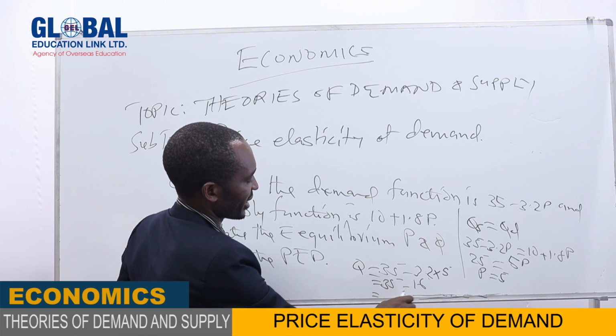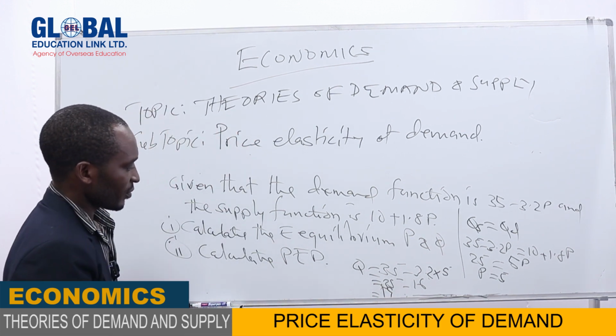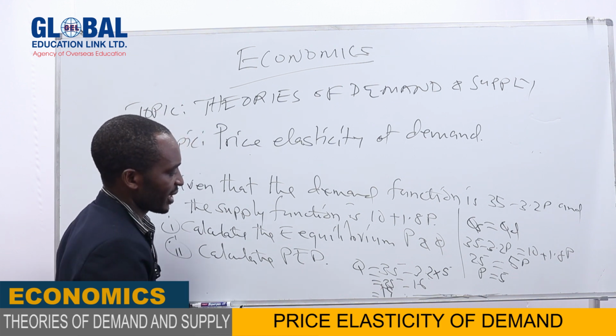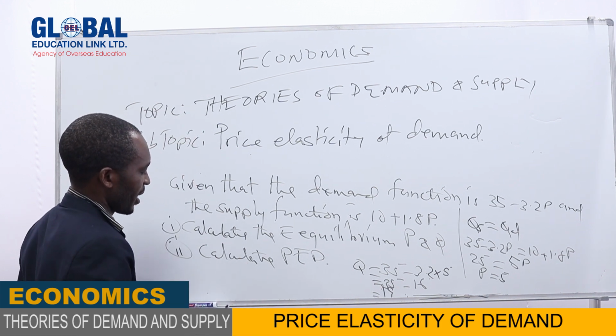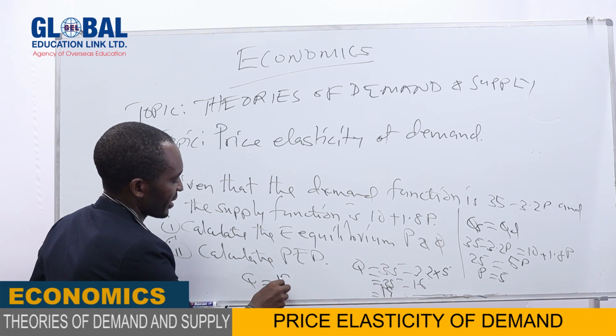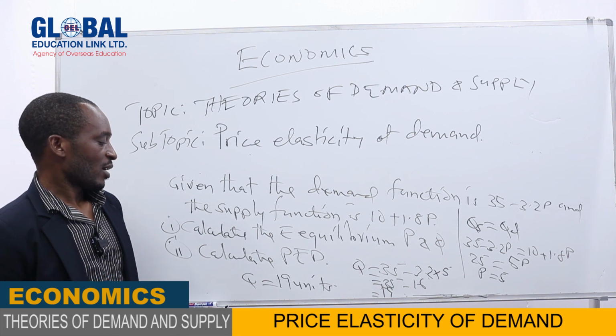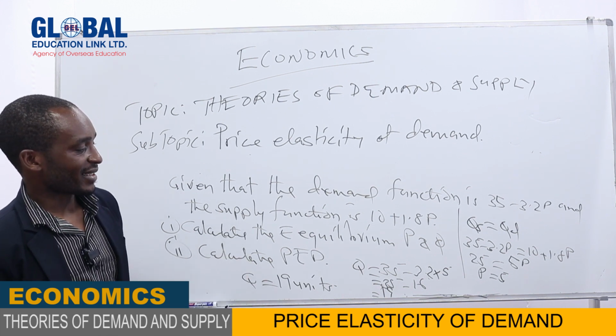When you subtract it, you'll get 19. So the equilibrium quantity will be 19 units.